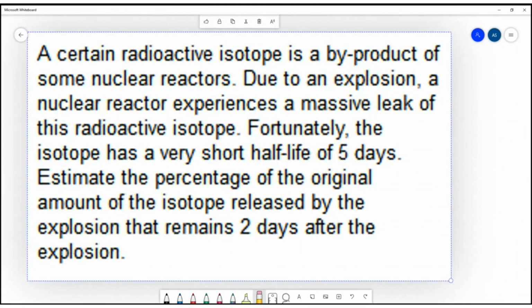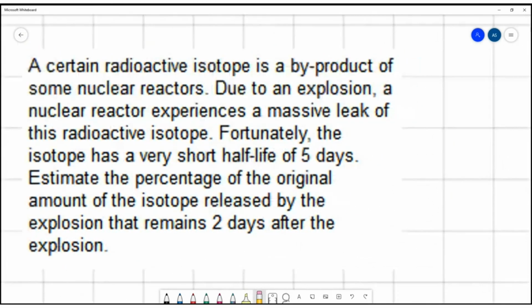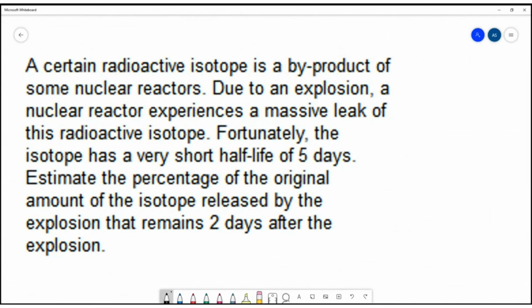So this is an example where we're going to use exponential growth and decay. So let's write out the model for that. That's A of t equals A naught e to the kt. Let's make sure we know what these different parts stand for.